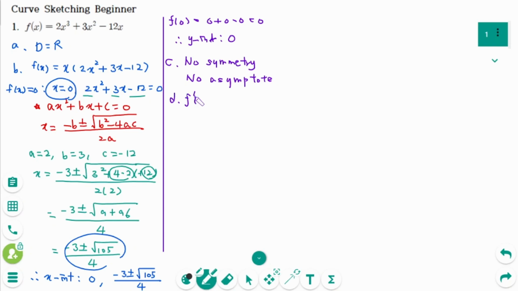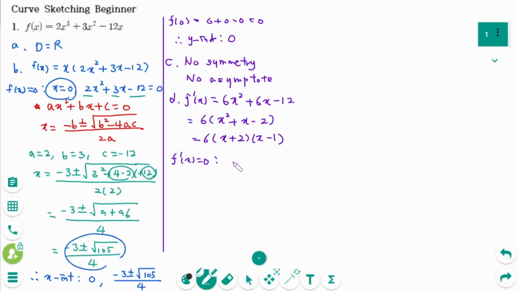Then f prime of x equals 6x squared plus 6x minus 12. We can factor, take out 6, x squared plus x minus 2, then 6 times x plus 2, x minus 1. When f prime of x equals 0, x equals minus 2 and 1.